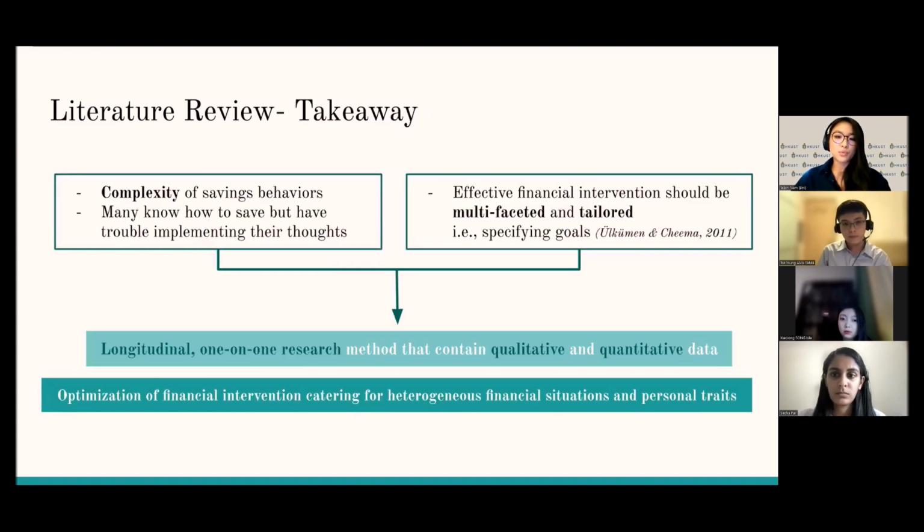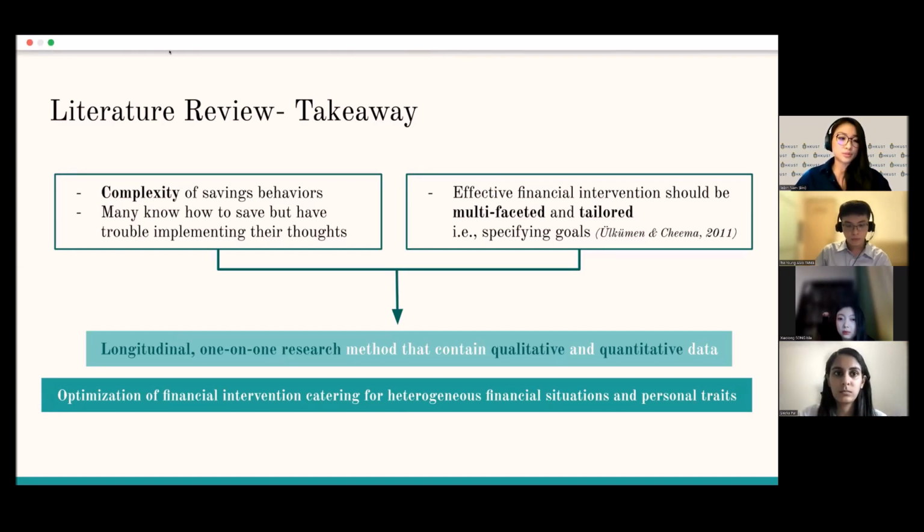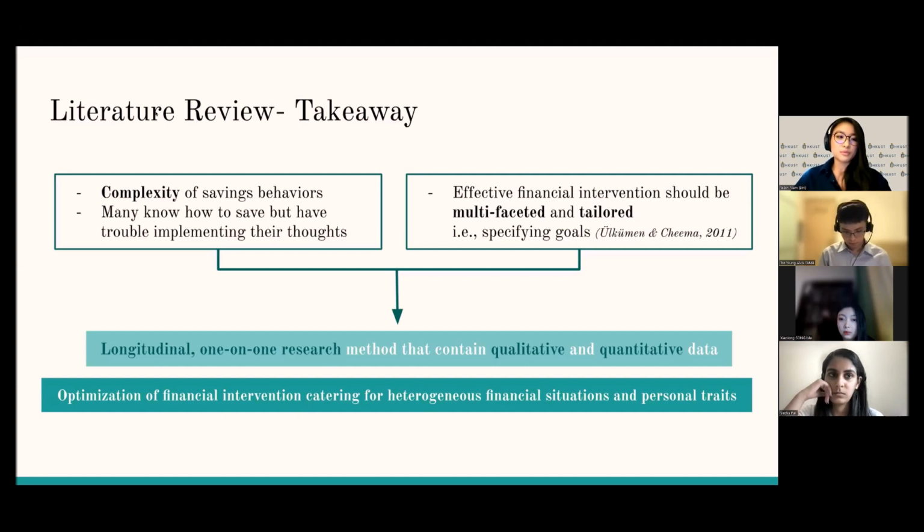So the major takeaway from our literature review is that savings behaviors are highly complex. A lot of people know how to save, but they just have trouble implementing their thoughts and goals into their actions. Therefore, just telling our participants to dream bigger or that they're not doing this enough are most likely not going to help.